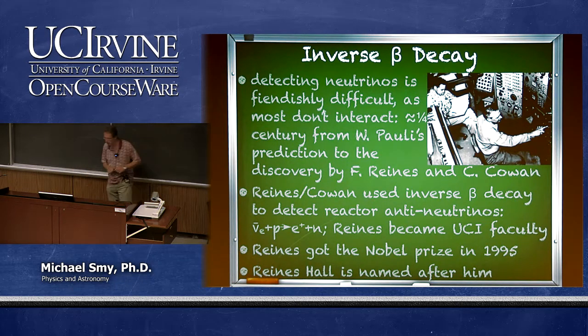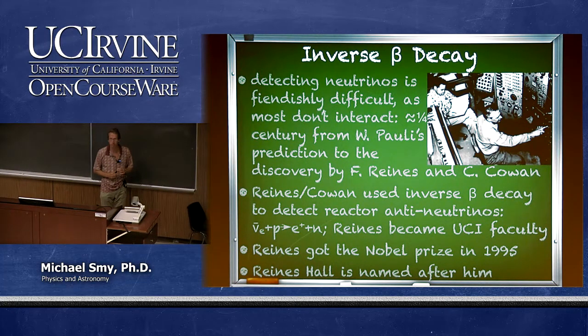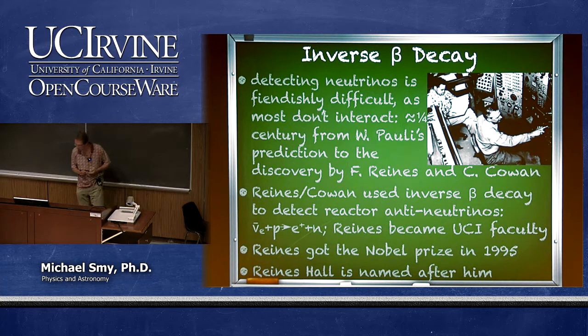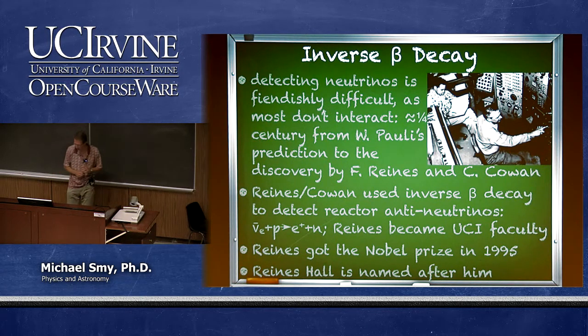By the way, this place here is an interesting place for neutrinos. Detecting neutrinos is very, very difficult because they don't like to interact. They are much, much more penetrating than gamma rays, but they also don't interact. It actually took a quarter century from Wolfgang Pauli's prediction of the existence of this particle to the discovery by Reines and Cowan.